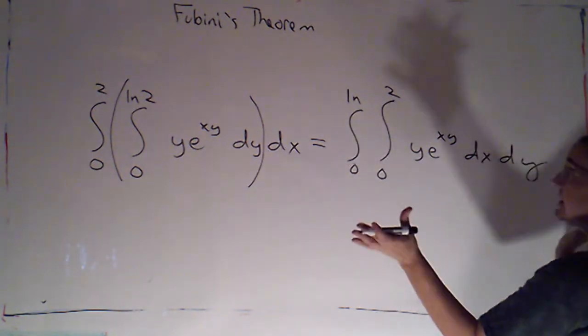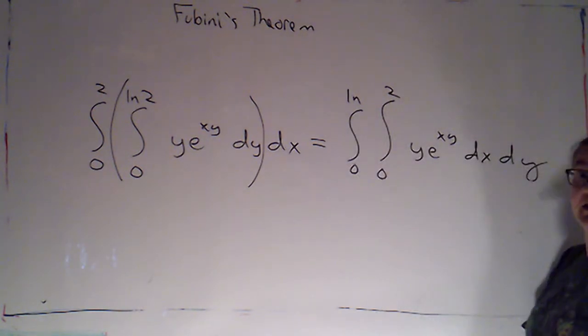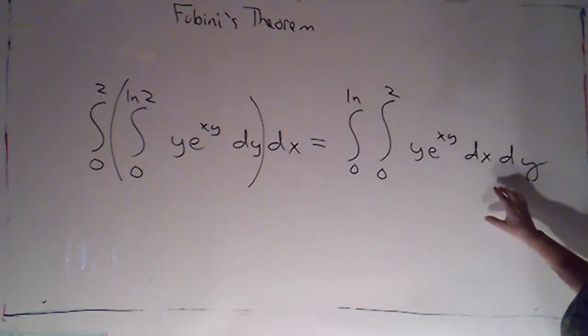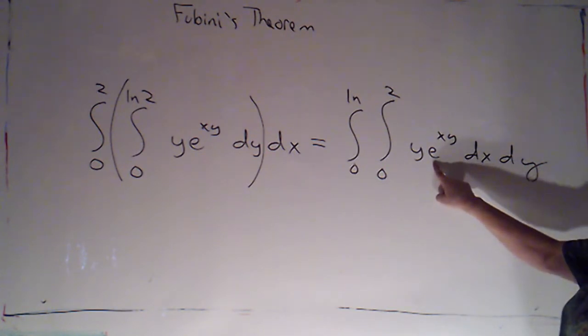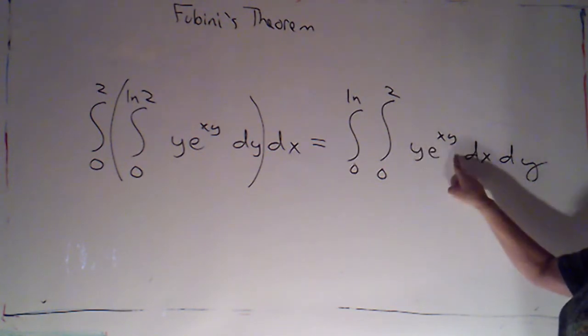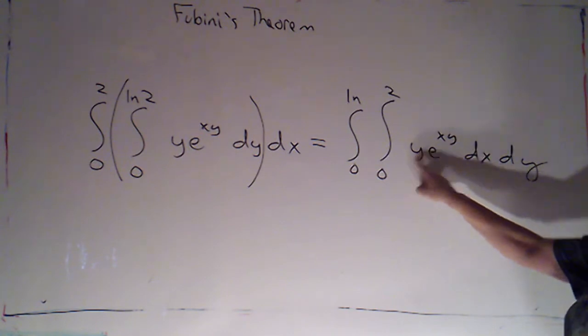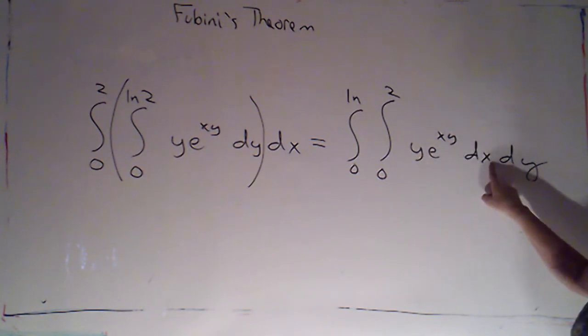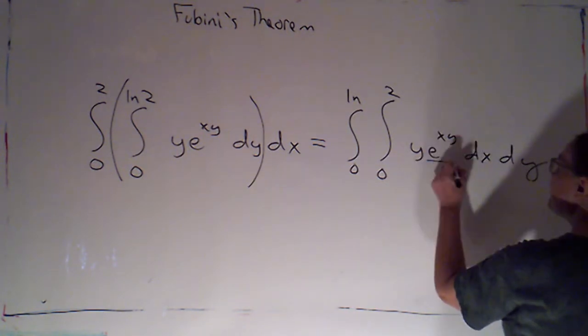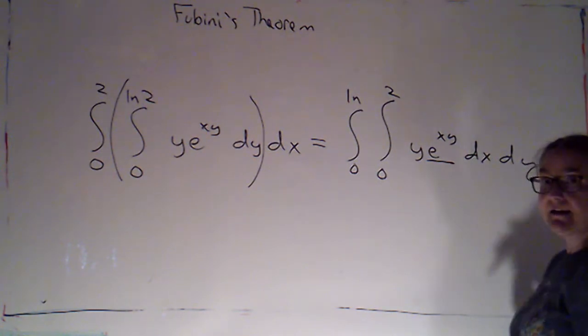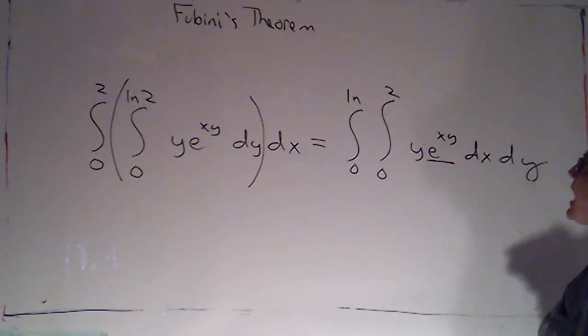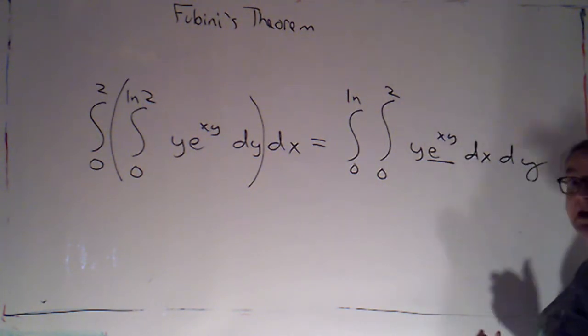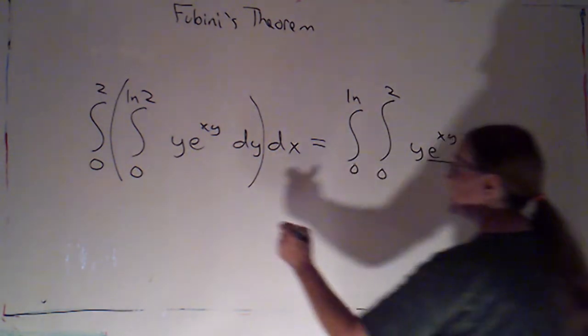And here, that's all I need to do because all of these are just numbers. Okay. Now, what's really nice is I don't have a variable in both factors anymore. That y is just a constant when I'm integrating with respect to x. And so this factor, the e to the xy, is what I need to focus on integrating, and that looks like I would want to do a u sub.